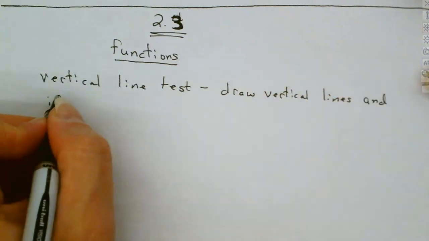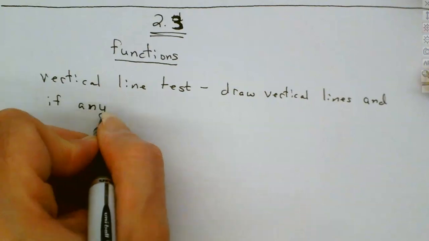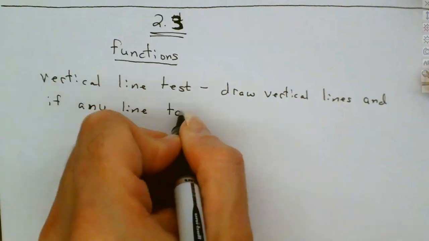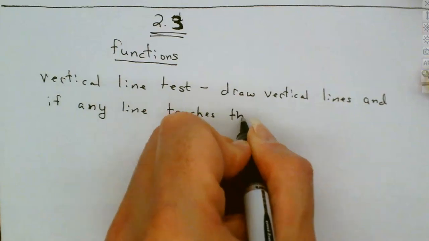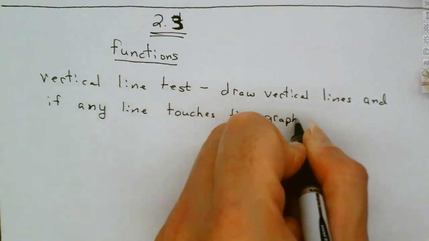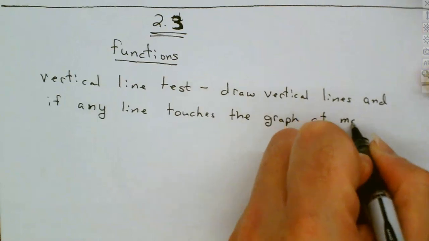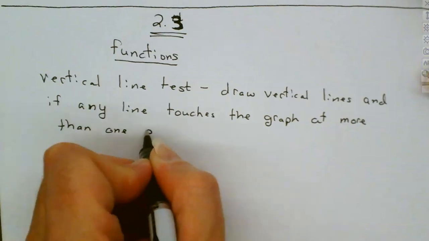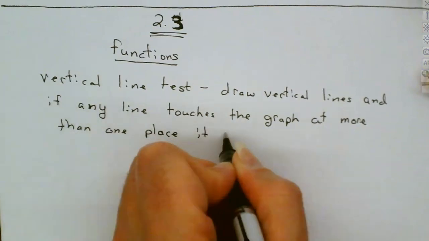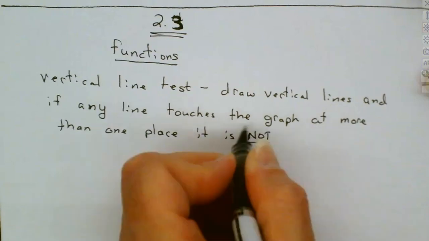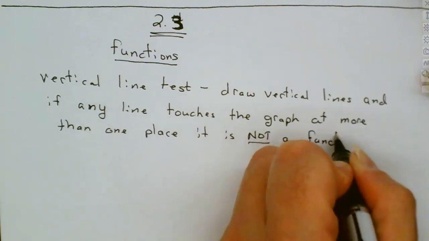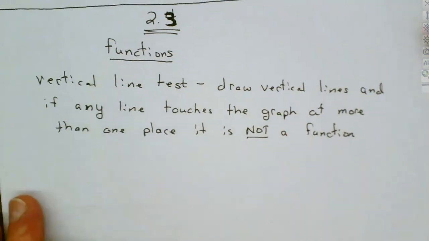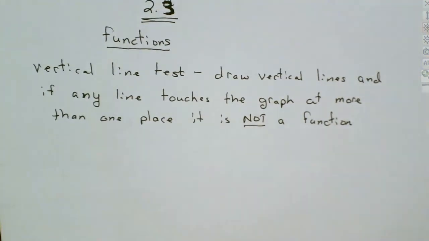And if any line touches the graph at more than one place, it is not a function. Okay, so we're going to be drawing vertical lines, and this is going to tell us if what we're looking at is a function or not.